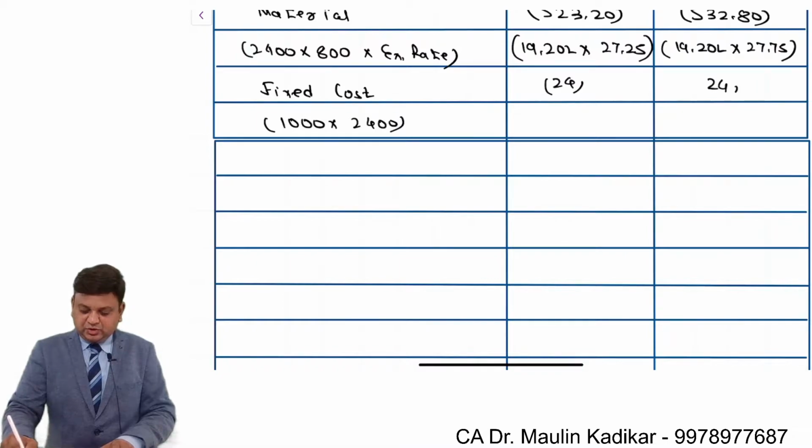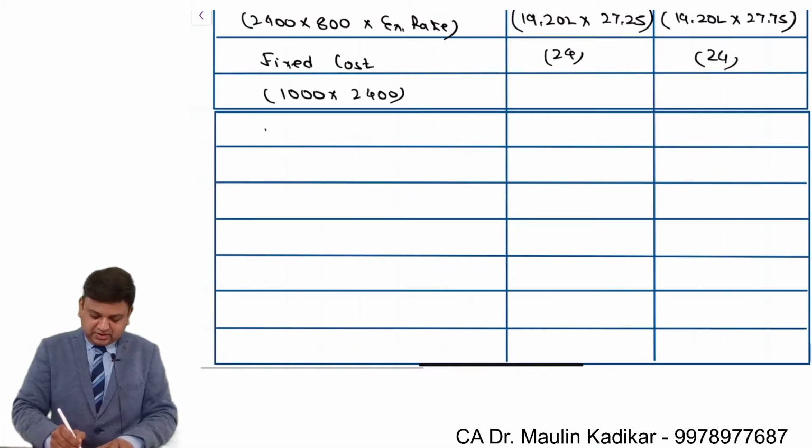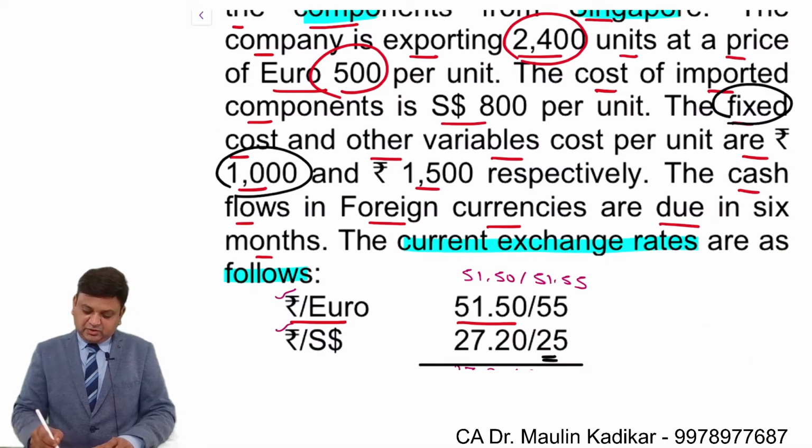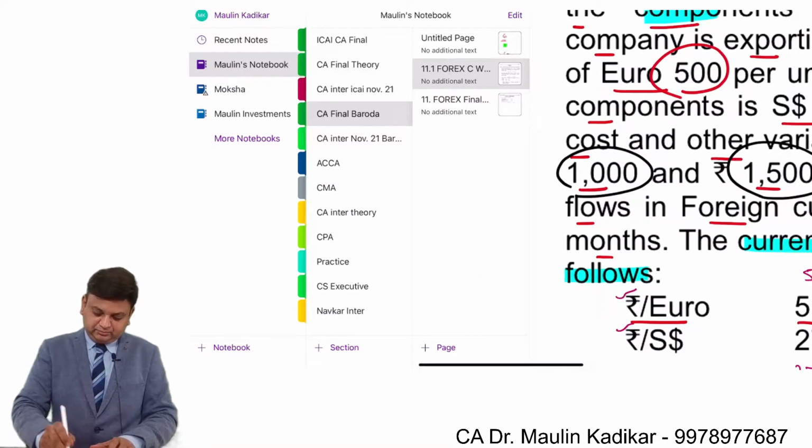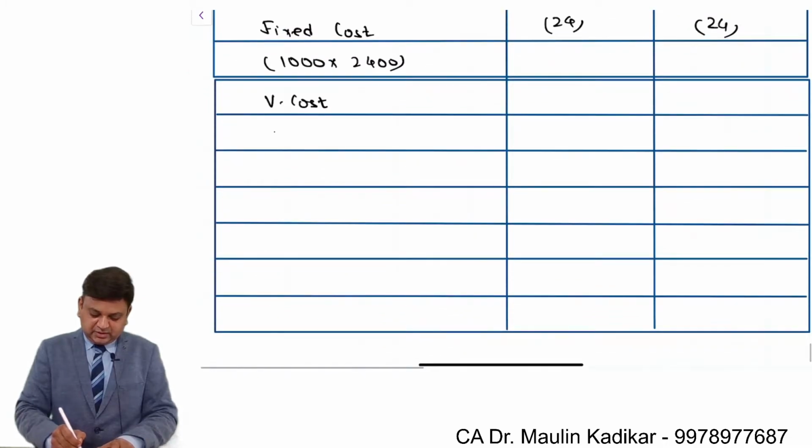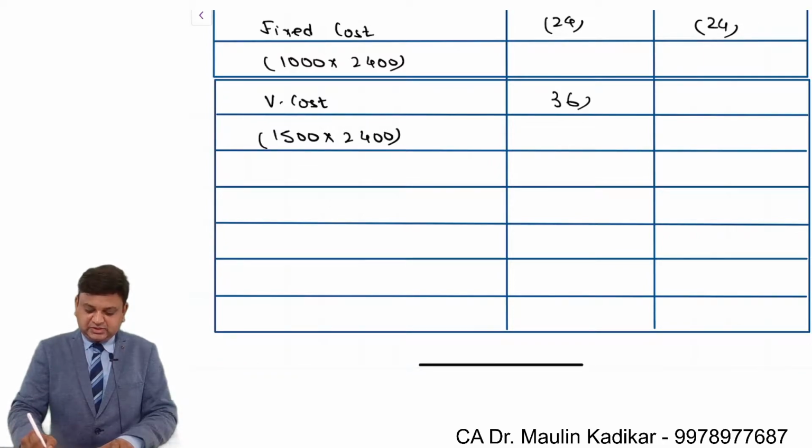And of course it is going to remain same. Variable cost is provided as 1500 rupees per unit. So over here 1500 multiplied with 2400 units, that comes to 36 lakhs.